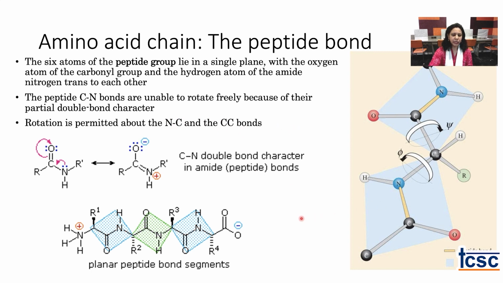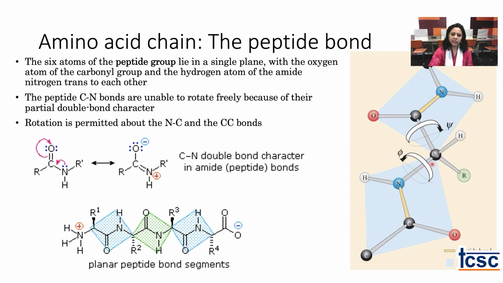And therefore we can imagine the primary structure of a protein to be a series of planes which can be rotated around these bonds. The bond between C and C alpha is called the psi angle, which basically determines the degree to which the bond can be rotated.